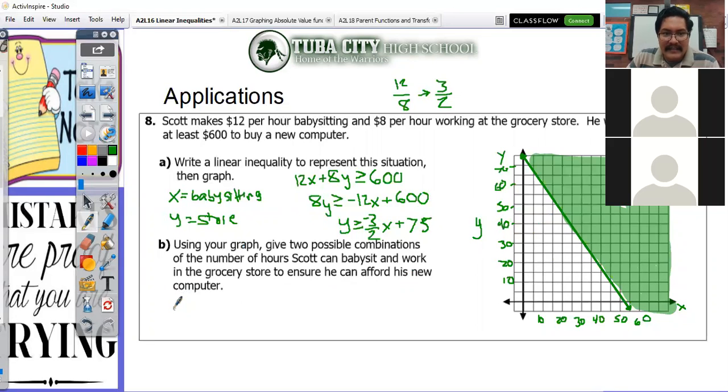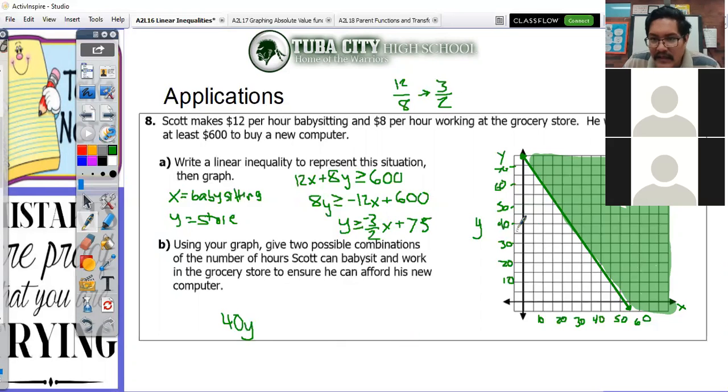So let's go ahead and go with that. So let's go 40 hours. 40 hours babysitting, 40 at the store. Actually, well, 40y.